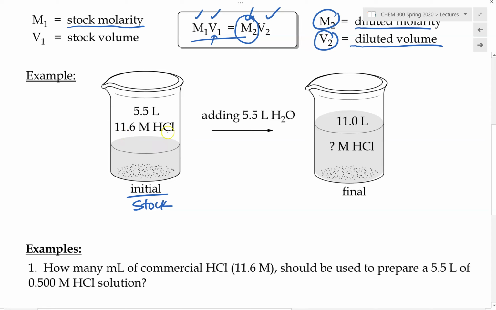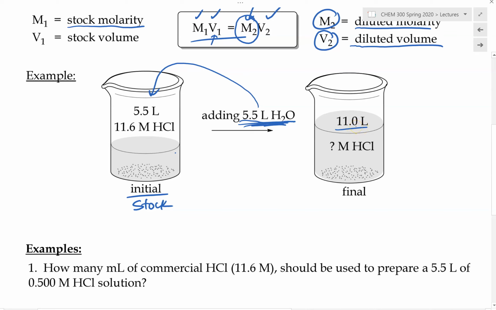If I now add another 5.5 liters of water to this beaker, then I will change the volume of this beaker to 11.0 liters, right? The water that we added will be additive to my volume because we added water to a water solution. So its volume changes, and the total or final volume is now 11.0 liters.